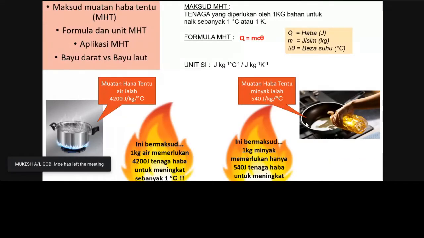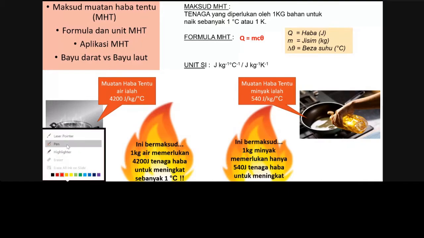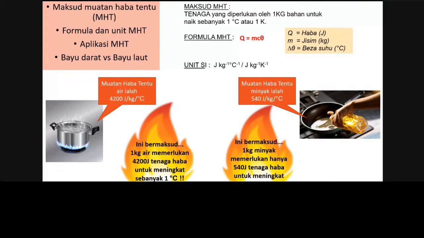Okay. Alright, so we have now muatan haba tentu. Okay. Specific heat capacity. Right, specific heat capacity. So, sebenarnya dia mesti akan tanya you, what is the definition? Apa maksud muatan haba tentu? Alright, so there are 3 keywords that you need to hafal, memorize in order for you to get full 1 mark.